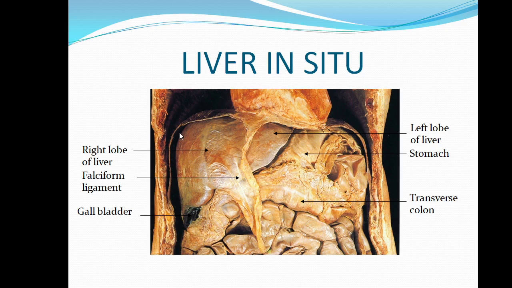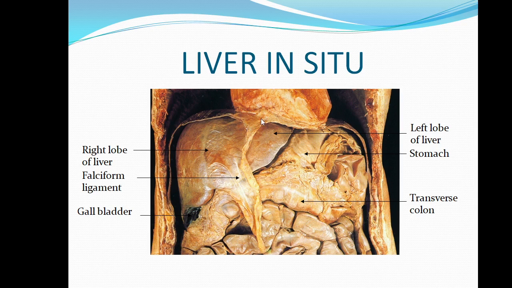This is the right dome of the diaphragm, and this is the left dome of the diaphragm. This liver lies below the right dome of the diaphragm in the right hypochondrium, in the epigastrium, and extends up to the left lateral line.